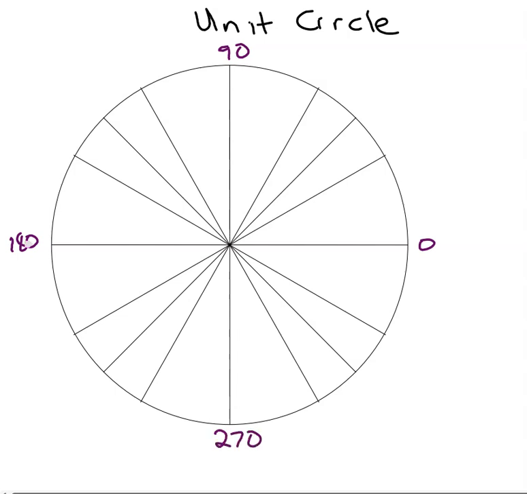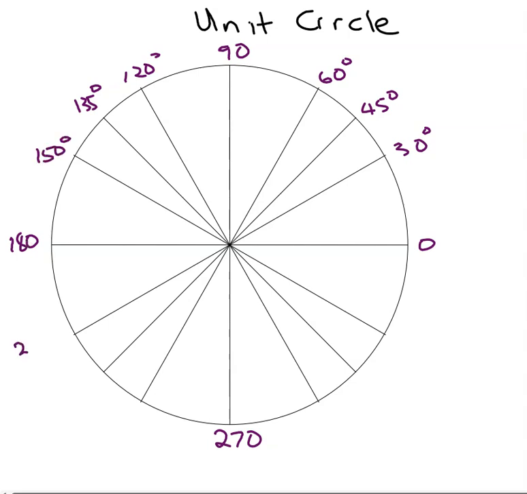But you have to know all the main, I'll call them the main reference angles, not terminal angles. So here we're going to have 30 degrees, 45 degrees, 60 degrees. Here would be 120 degrees, 135 degrees, 150 degrees.